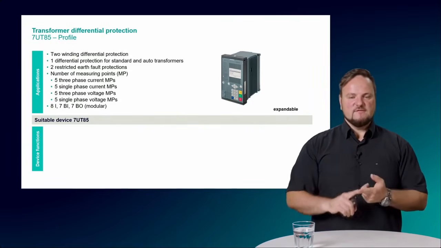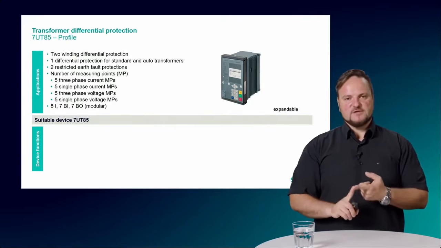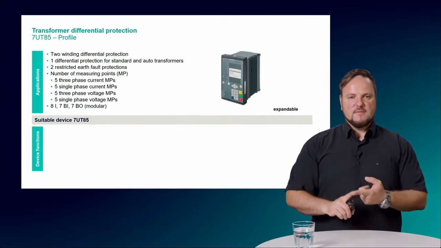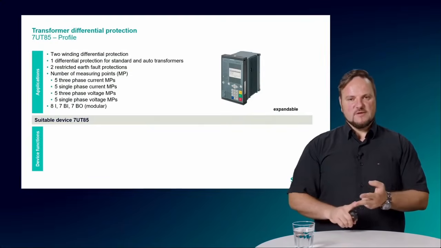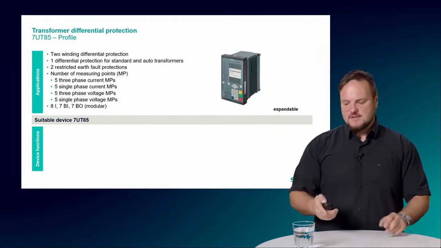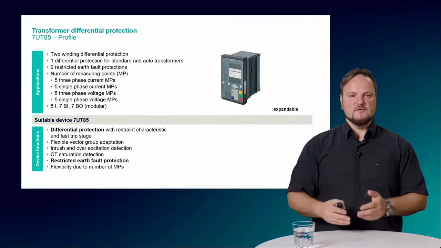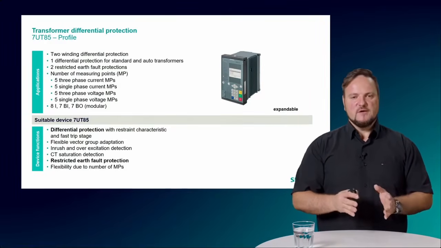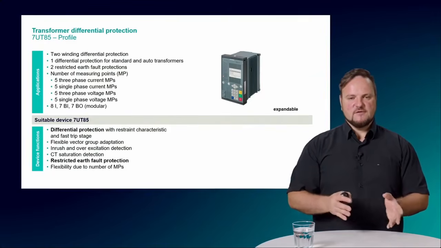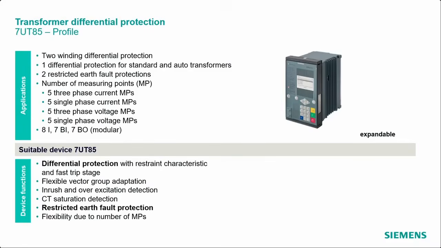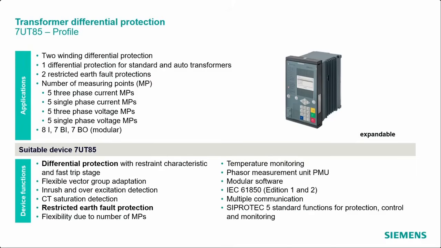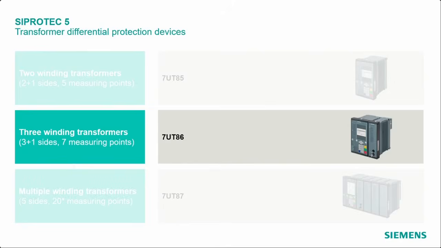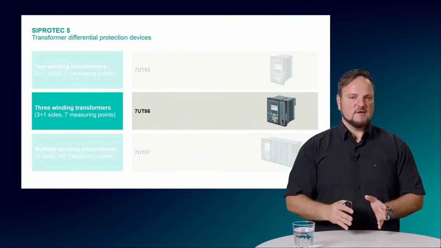This device supports one protection function for standard and auto transformers, but here we also have 2 times the restricted earth fault as main functionality. If we look into the device functions, they are similar to the 7UT82, but now we have the flexibility of the number of measuring points. The next step is the 7UT86, which is basically the device for 3-winding transformers.